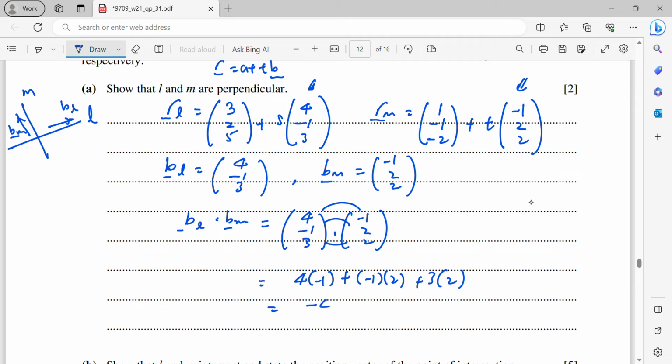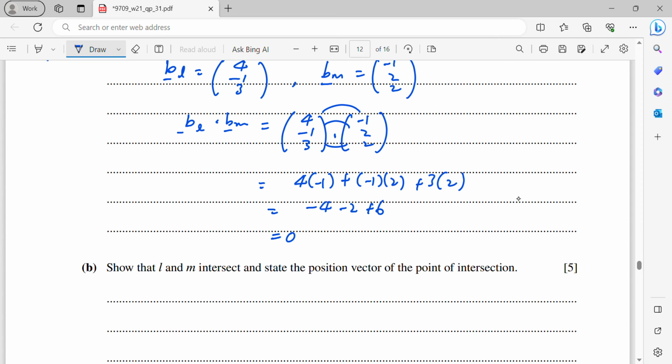So the first one is -4, second is -2, last one is 6. So the dot product is 0. When the dot product is 0, it means that L is perpendicular to M. Alright, so that is how we prove two perpendicular lines.